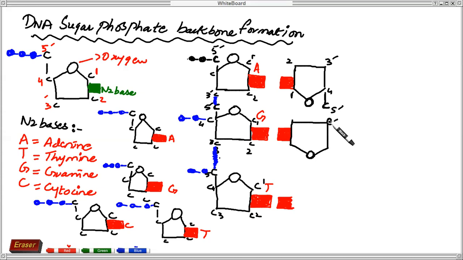This one is the third carbon. This one is the second. This one is the first. This one is the fourth, and then fifth. Between third and fifth, the bond is formed, phosphodiester bond. Okay, same is with this case.